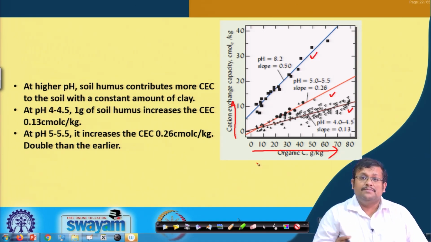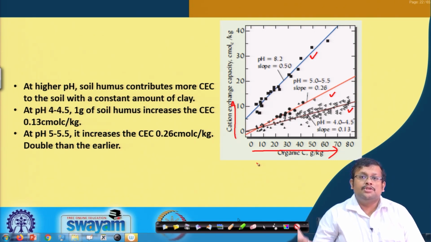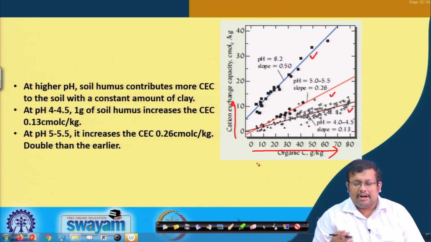More pH means more dissociation of the aromatic carboxylic groups or phenolic groups, and more dissociation means more negative charge. More negative charge means more attraction of the opposite counter charge, or positive charge cations, that means more CEC.